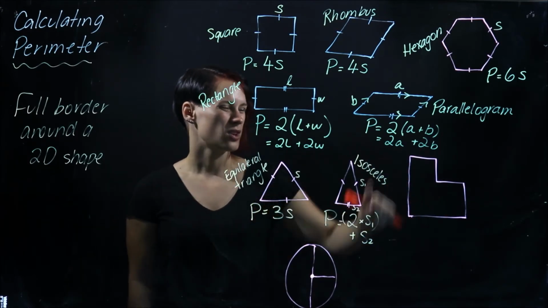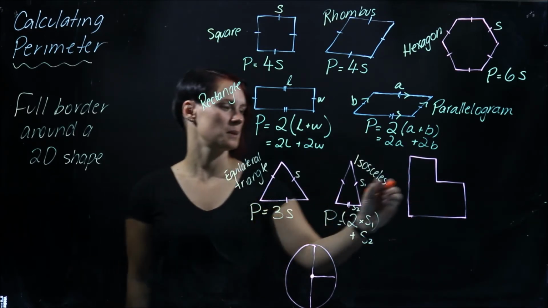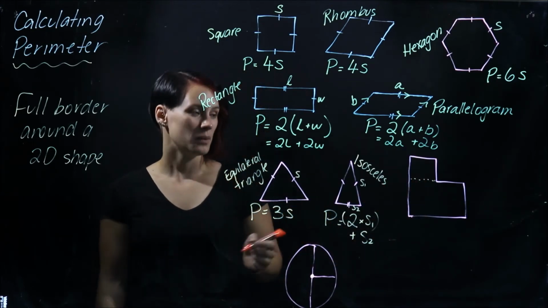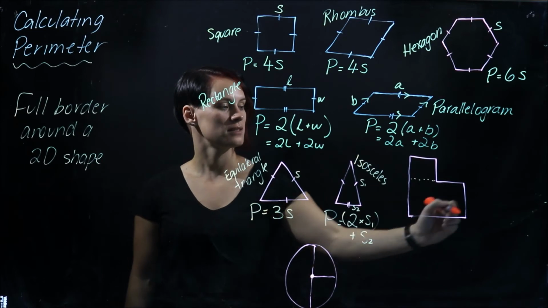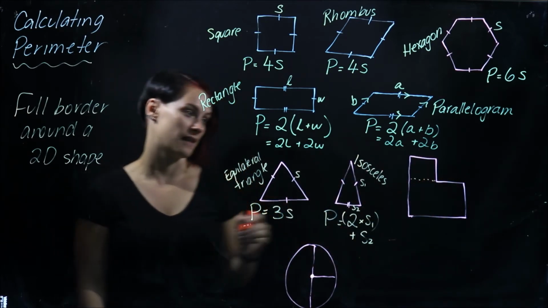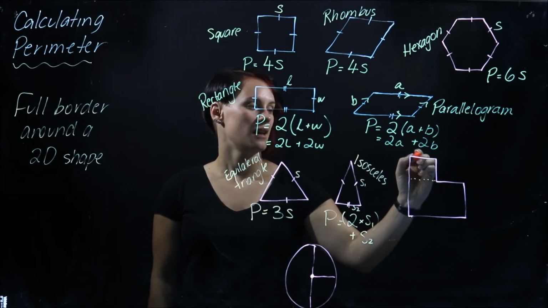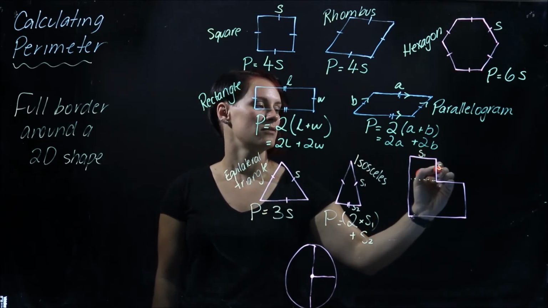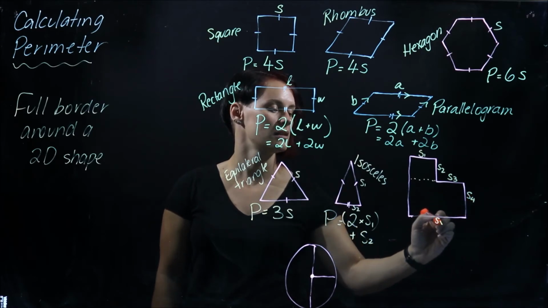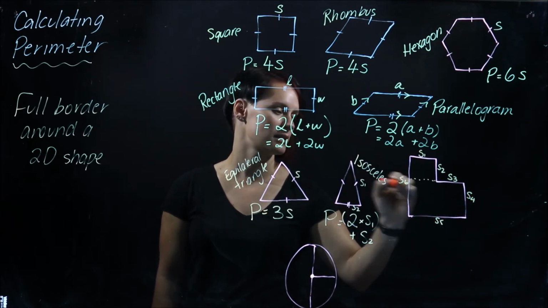If we have a composite shape, meaning it can be broken down into smaller shapes, here we've got 2 rectangles. What we need to think about, if we're building a fence around all of this, is that we have to take every single side and add it together. In this case, it's not as easy as it looks, because we've got to label every single side: side 1, side 2, side 3, side 4, side 5, and side 6.